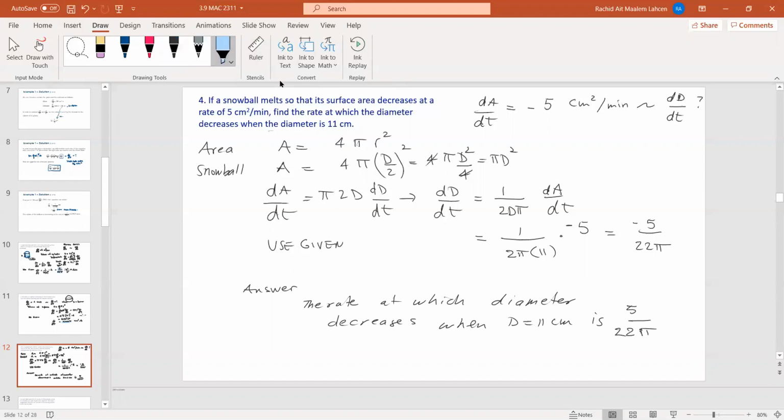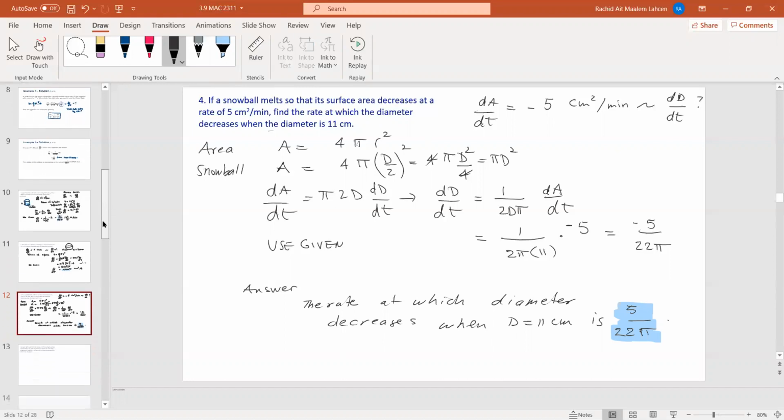That's the exact value. We write it positive because it won't make sense to say both negative and decreases. When we say decreases, it means negative.